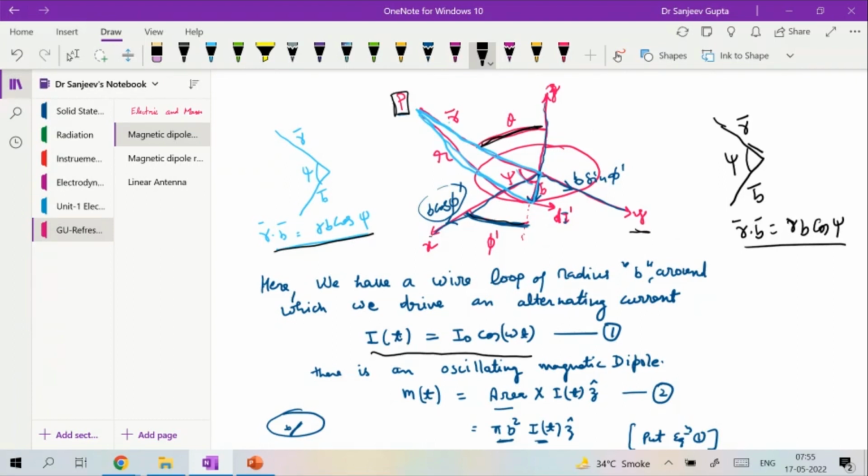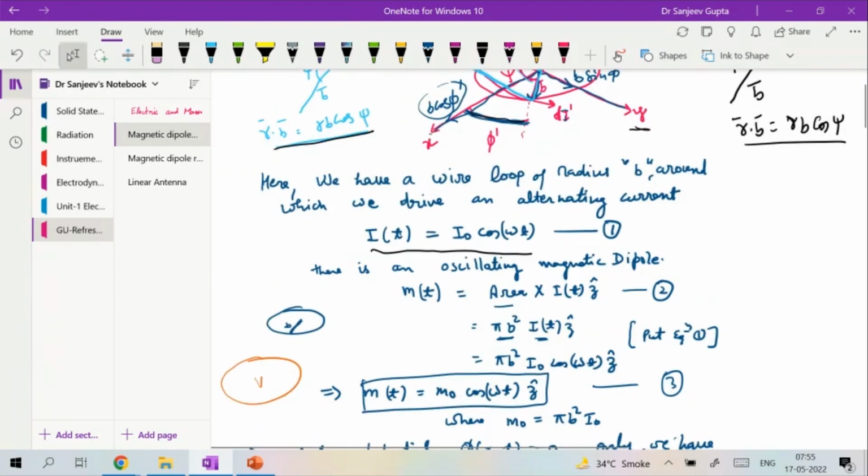So I have collected a lot of information regarding this loop, so we can derive our scalar and vector potential. For that, equation number one I have written for the oscillating alternating current. But this is an oscillating magnetic dipole, so m(t) is nothing but the area multiplied by the current which is flowing in the z direction, which we noted by equation number 2.